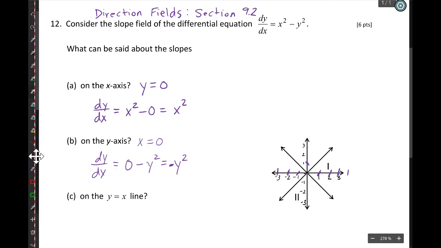When y is 2, I'm going to have a slope of negative 4. These slopes will get steeper and steeper as well, but in the negative direction. Same thing with these values here: negative 1, negative 4, and negative 9.